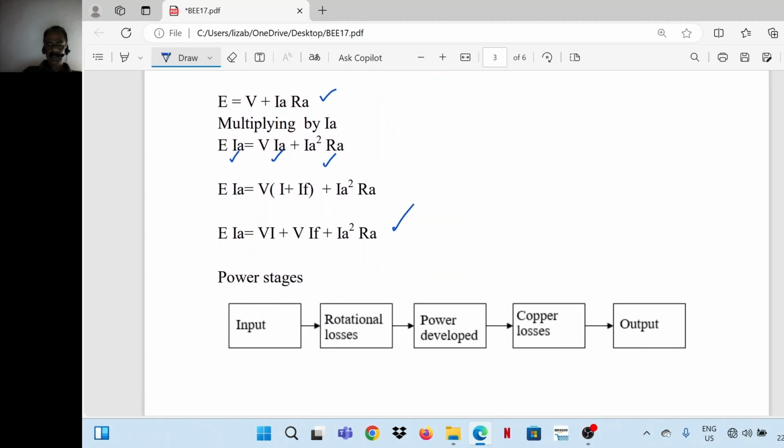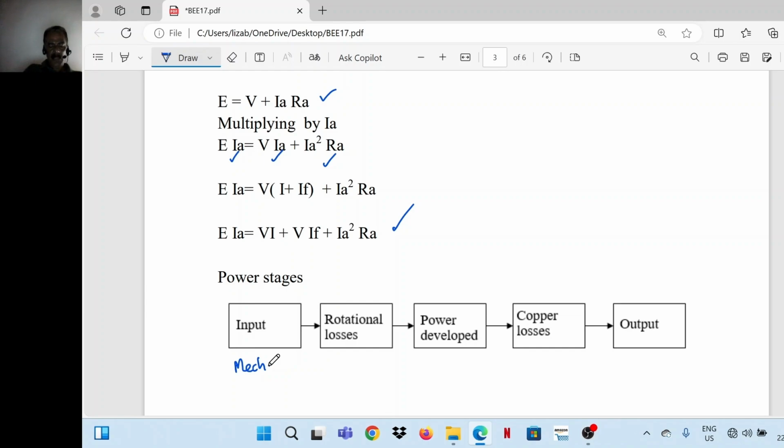Now the power stages, if you consider the input is mechanical. So input is supplied by the prime mover. Prime mover means the machine which is driving the generator. It can be another electric motor or a diesel engine or something like that.